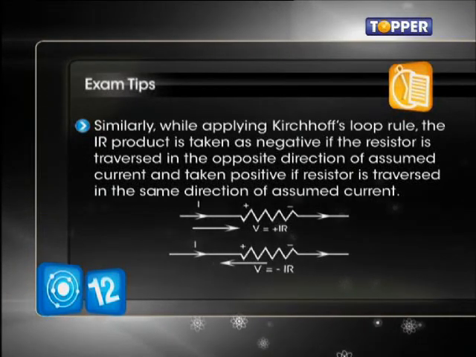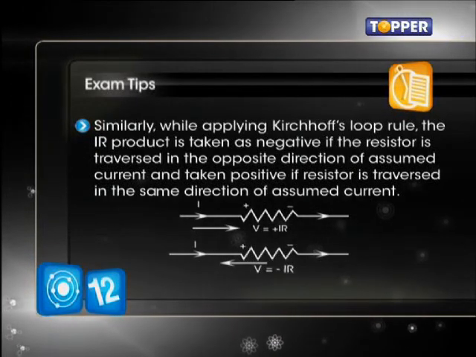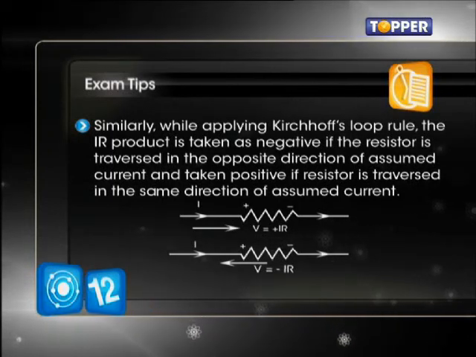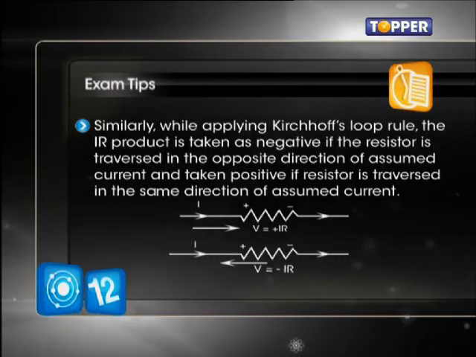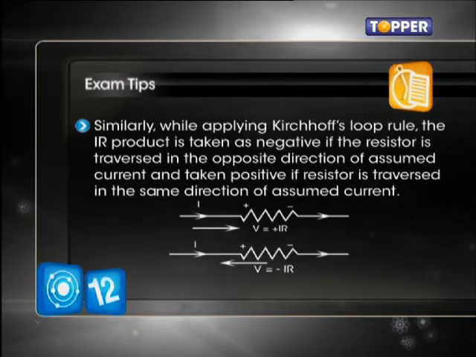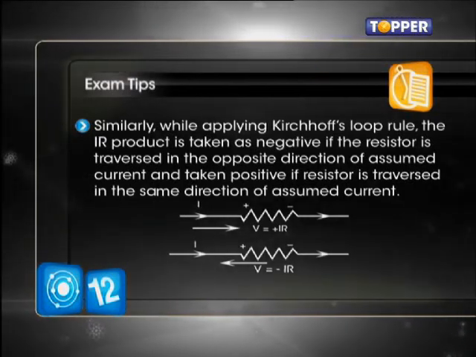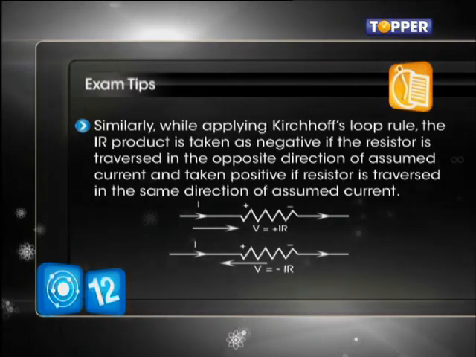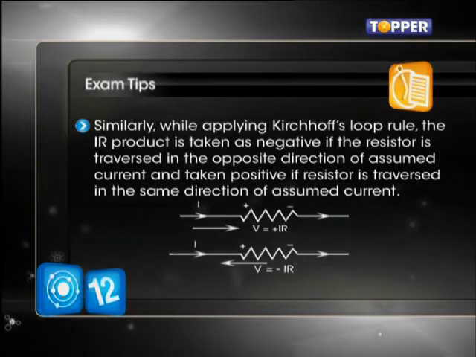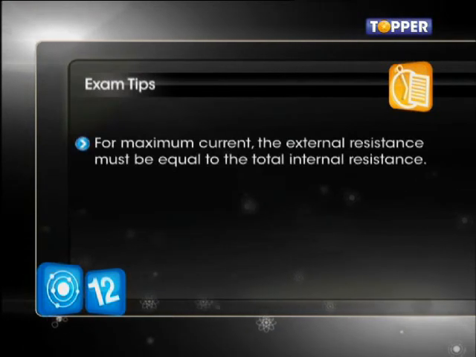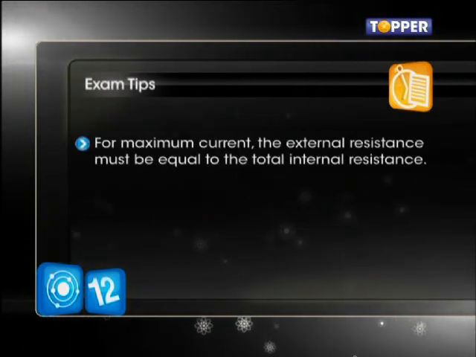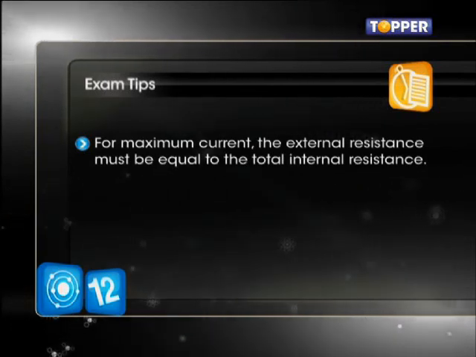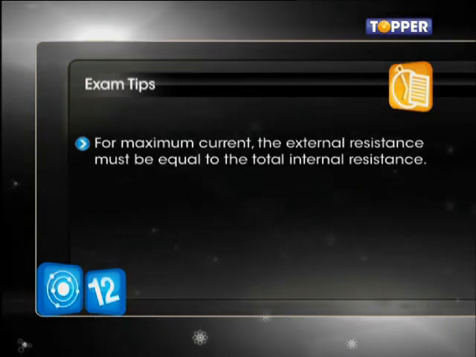Similarly, the IR product is taken as negative if the resistor is traversed in the opposite direction of assumed current, and taken positive if resistor is traversed in the same direction of assumed current. And for maximum current, the external resistance must be equal to the total internal resistance.